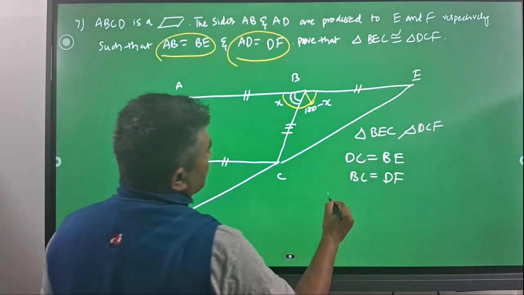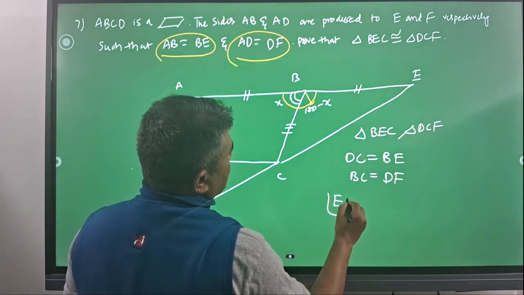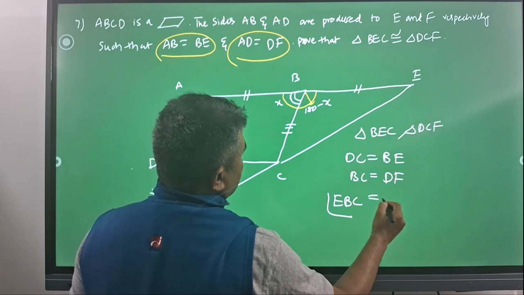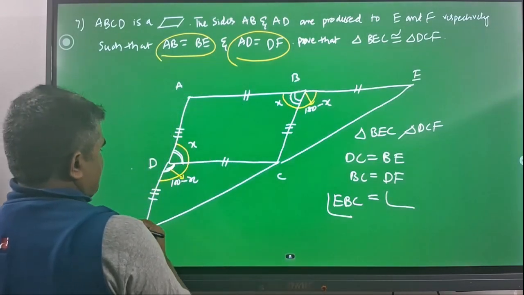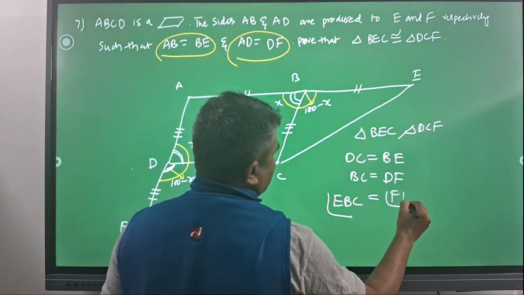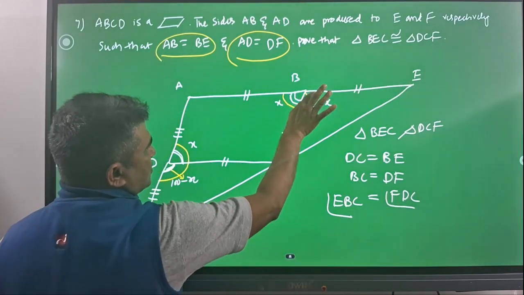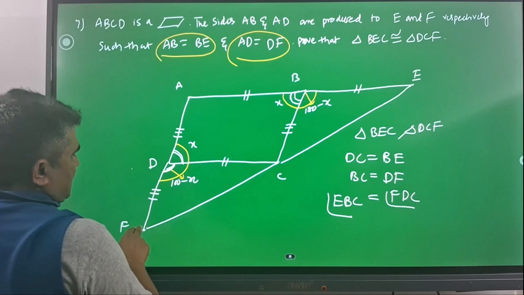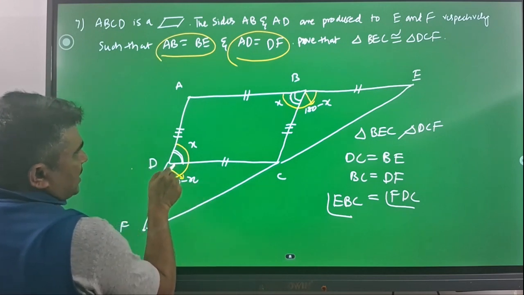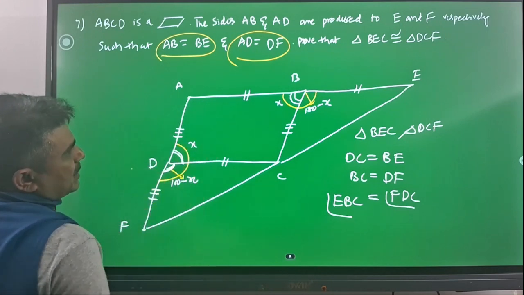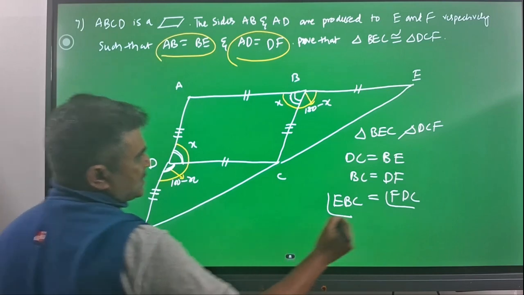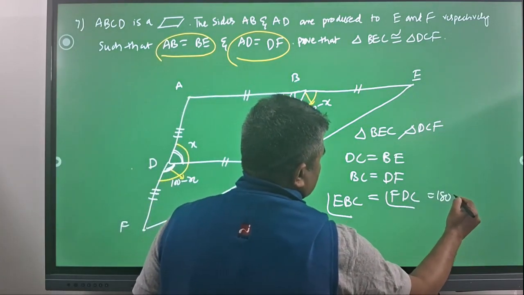So here angle EBC is equal to angle FDC. Angle EBC, that means this much angle, angle FDC, that means this much angle. These two angles are equal, which is 180 minus x.